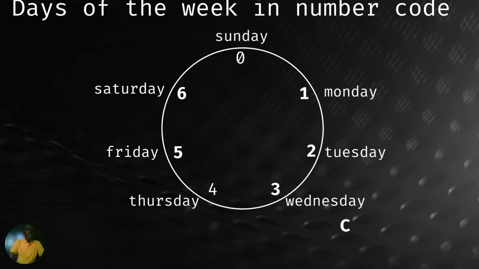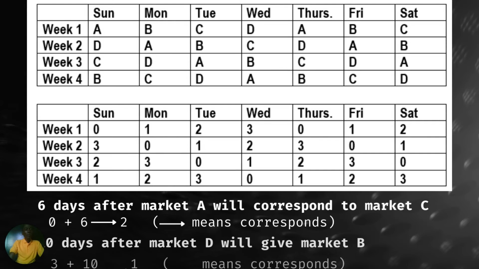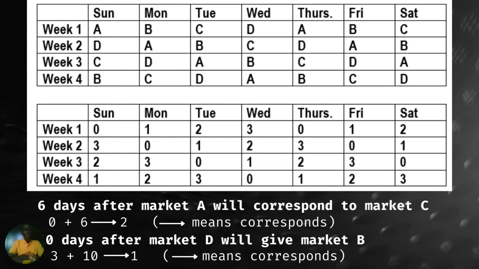So if we arrange this in such a way that we represent each of them according to the market day and the number code, this table will now simplify everything. Pay attention to this table as we explain it. This is week 1 and this represents the first day of the market. This is the second, this is the third, this is the fourth.